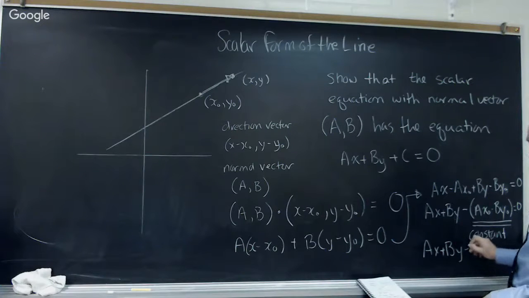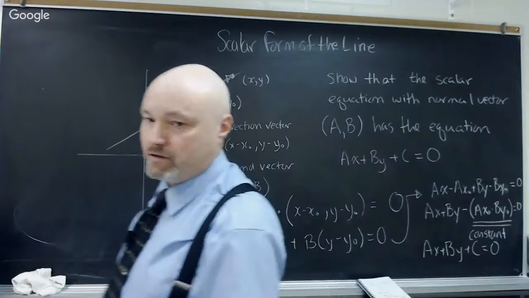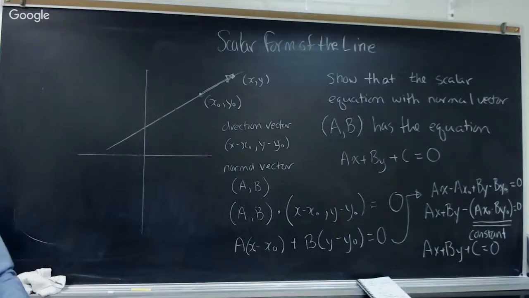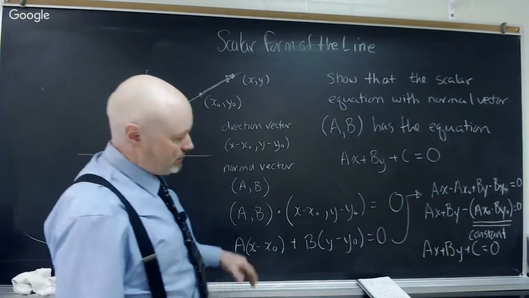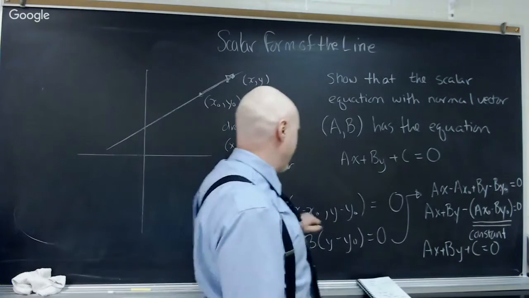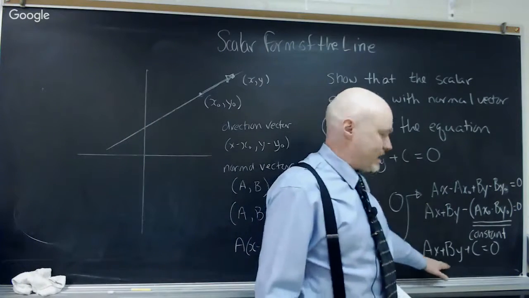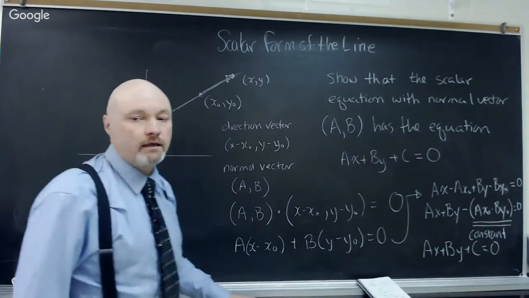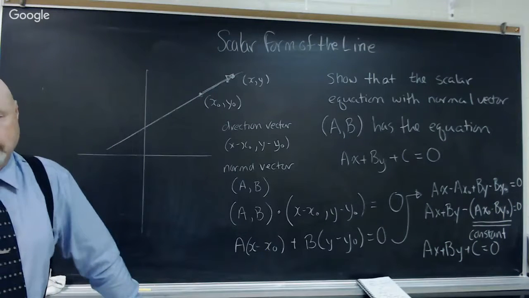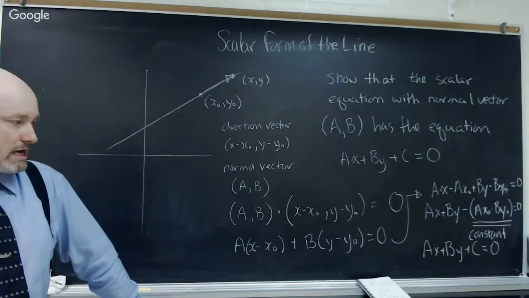Anyways, this just becomes a constant, so we give it the number C. Basically all this is showing you is that if A and B is my normal vector, then A and B show up here in the scalar equation of the line.